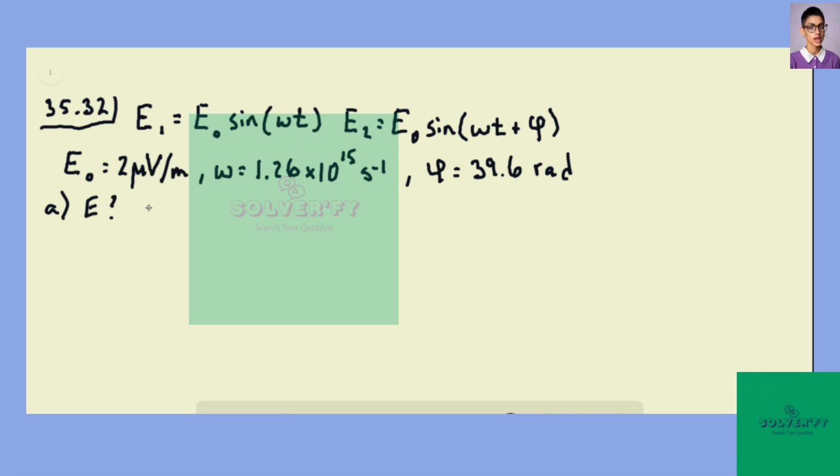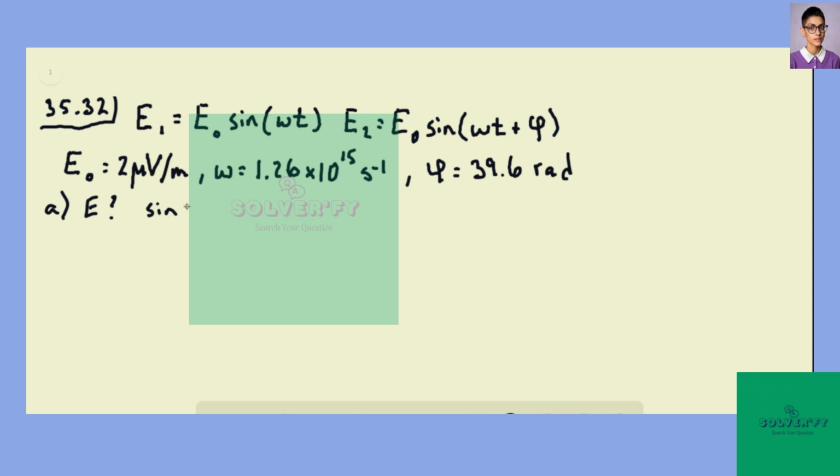So here all we have to do is add them together. There's a couple ways you can do that. You can either treat them as phasors, or you can use trigonometric identities, which is what we'll do here.